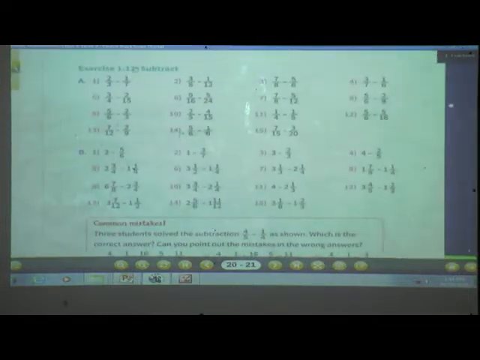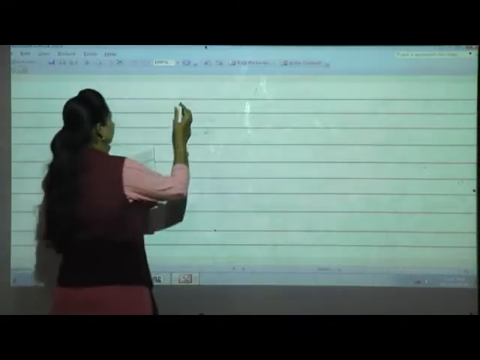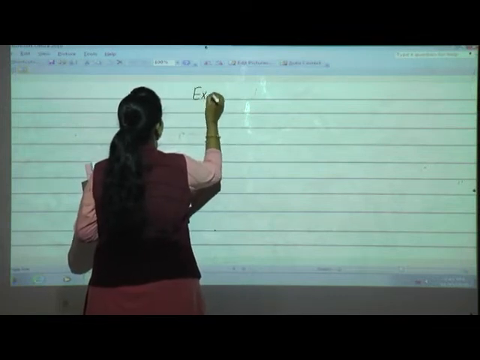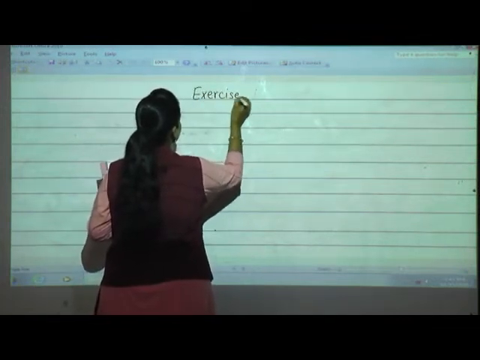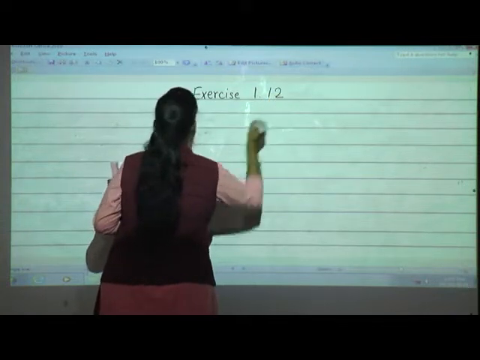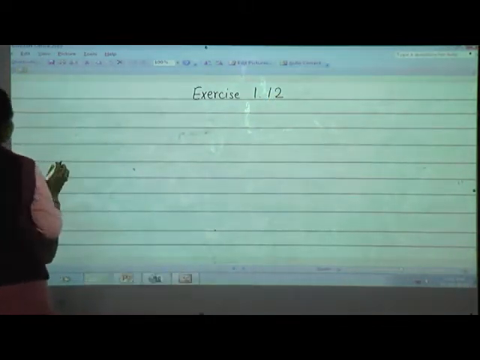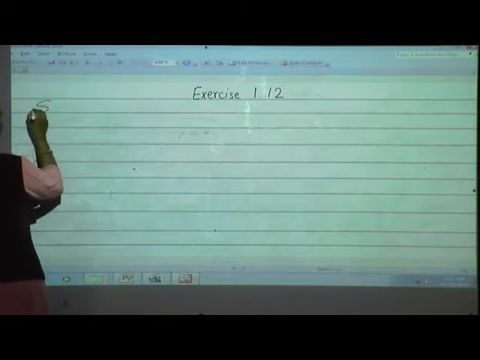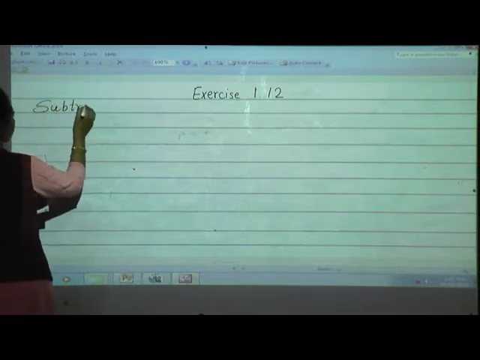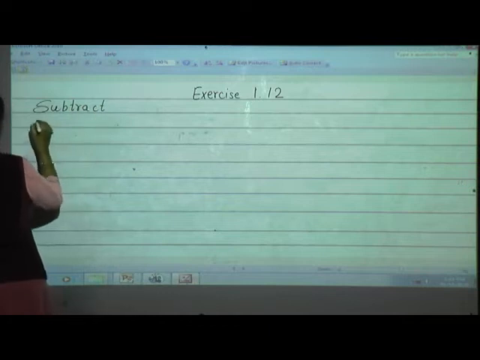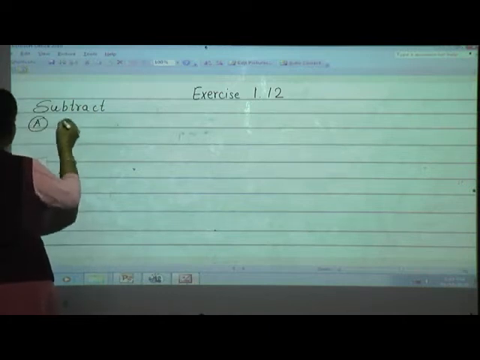See, exercise 1.12 is what? Subtract. Now we will solve one by one. First, A question we will start.